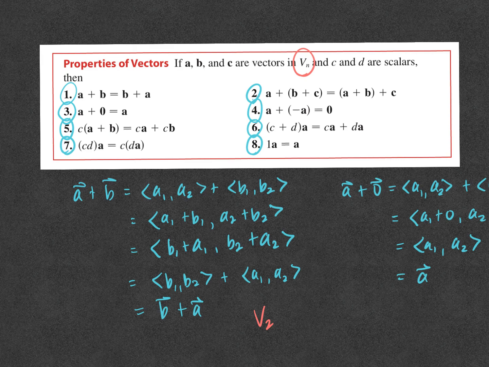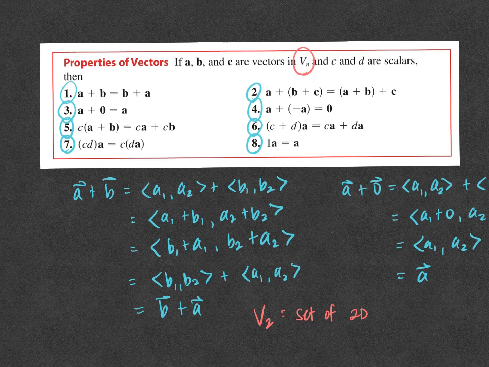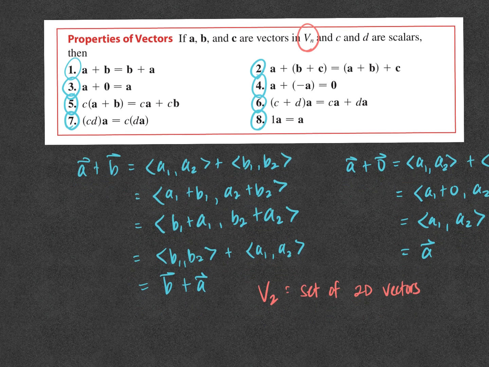And if you're working in R3, then our vectors are in V3, which is the set of all three-dimensional vectors. So V2 is considered to be the set of all two-dimensional vectors, and V3 is the set of all three-dimensional vectors.